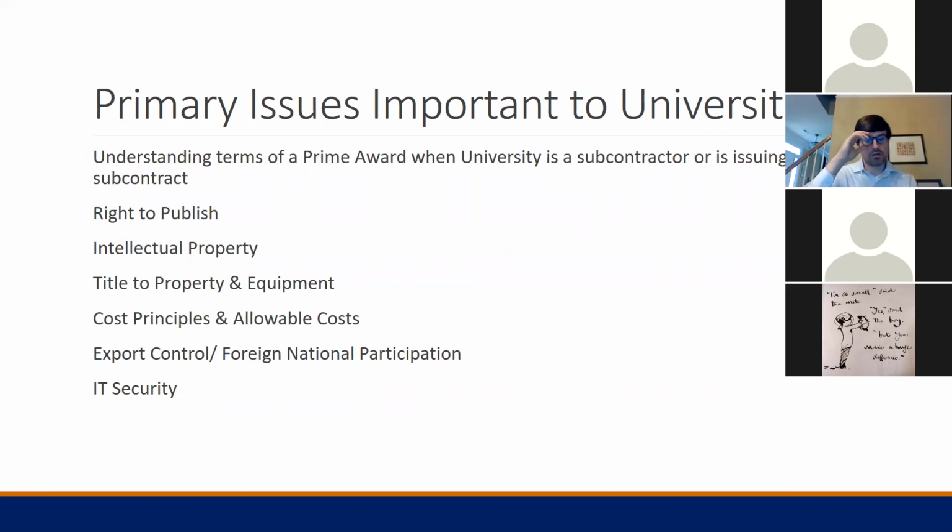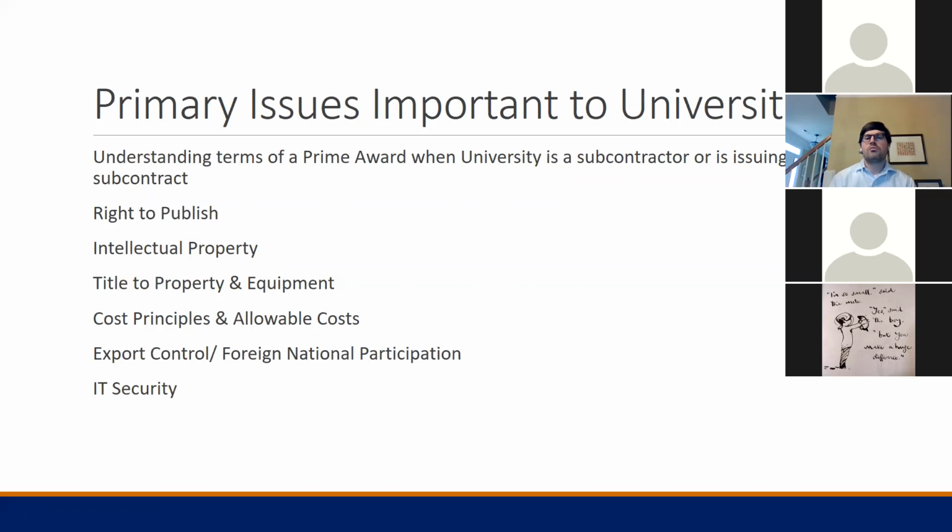Okay, so getting to some of the important issues for universities. Certainly we touched on already the prime contract versus when the university is a subcontractor issuing a subcontract. Those are really some of the more nuanced elements, particularly when the university is a subcontractor. When the university is a prime contractor, as I said, the prescription really is going to drive applicability.